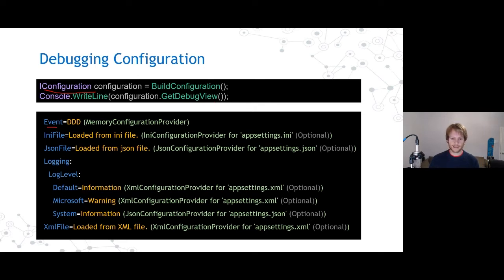So these are the keys from your configuration, and also it'll say the value of what it's actually got, and it'll tell you the configuration provider where it came from, and if the configuration provider has some settings you've set, so it'll come up with a configuration provider like this and say it's a JSON configuration provider for appsettings.json, and also tell you if it's optional as well, which is really useful if you're trying to diagnose where some settings are coming from.